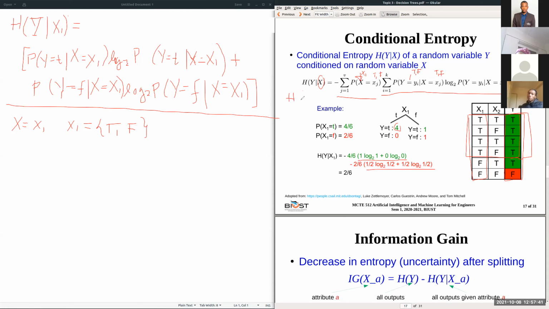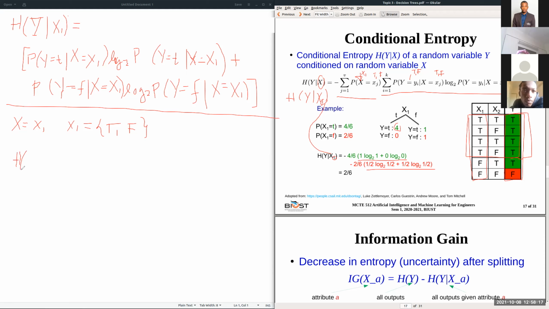So in this case, we only consider X1, which can become true or false.